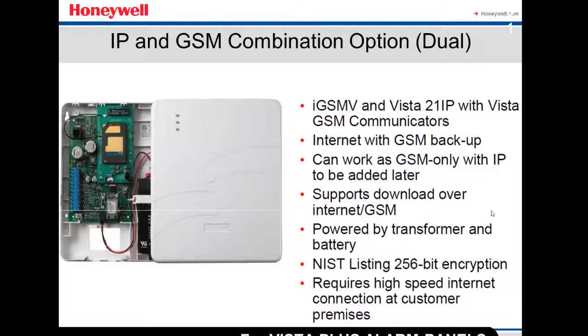It needs high-speed internet also, and it can work as GSM only, IP only, or both. You can use this one in the 21IP too; even though the 21IP has internet, you can use it as a backup for GSM. Okay, those are the different kinds of accessories.